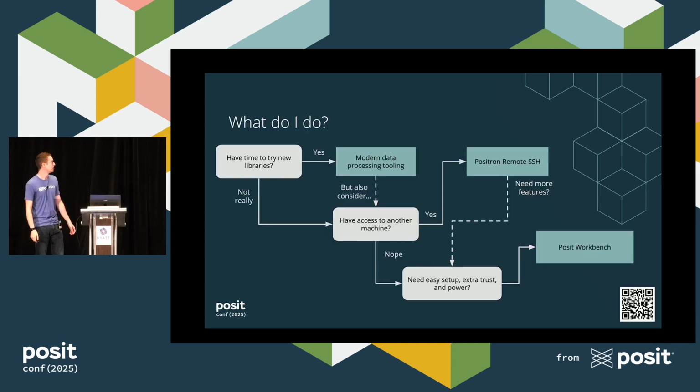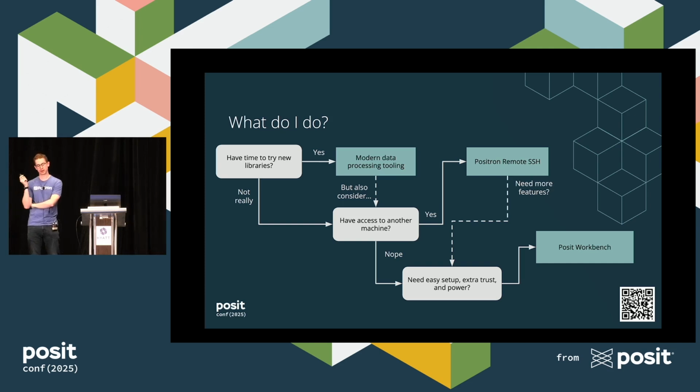So if you take nothing else out of the talk today, take this extremely complicated flowchart, which I will talk through for the rest of the talk, obviously. But what do you do in the situation where you are running out of memory or time when you're running your workflows on your laptop? I'm going to talk a little bit about modern data processing tooling, how that might help you.